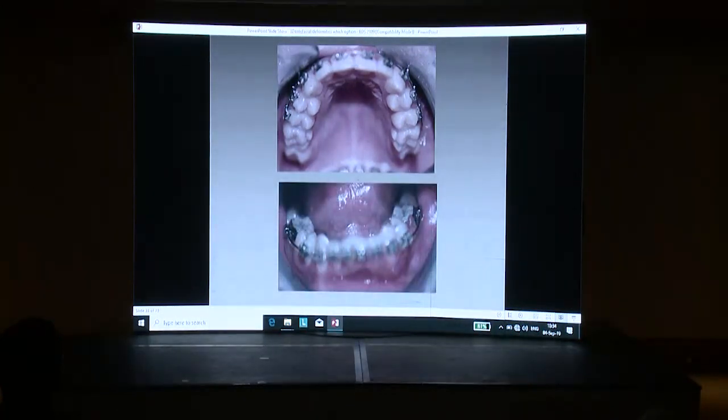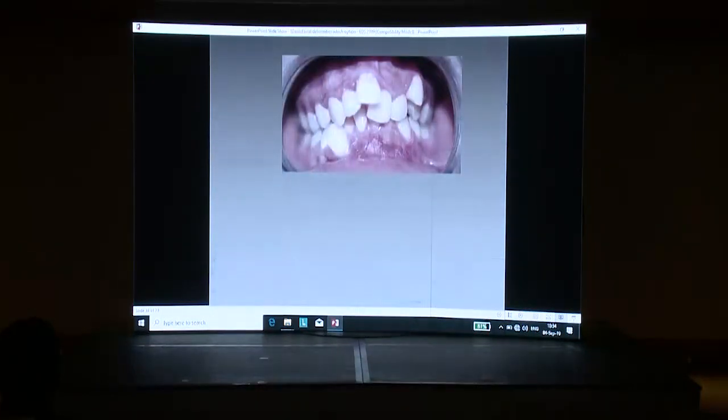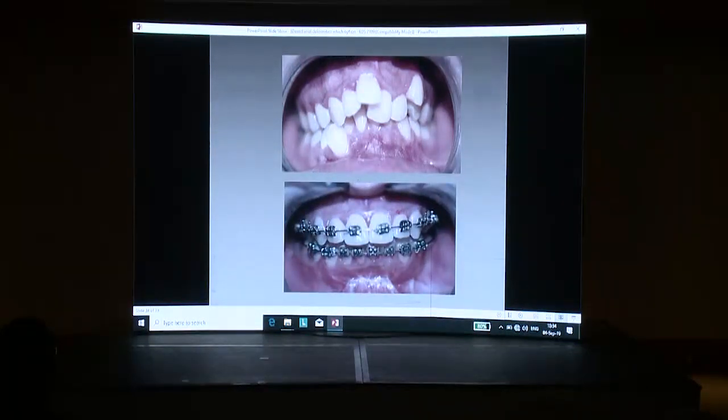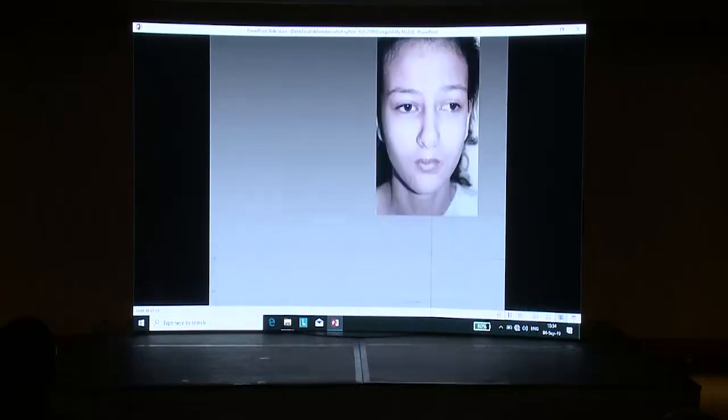Next, please. Here you see. Next. That's where we started. V-shaped palate and V-shaped arch and everything. Next. That's what we achieved after distraction and orthodontic treatment. Next, please. Yeah, you see here the importance of distraction.